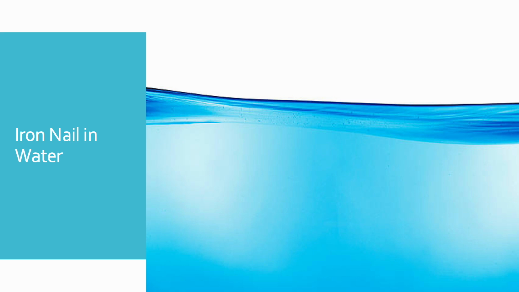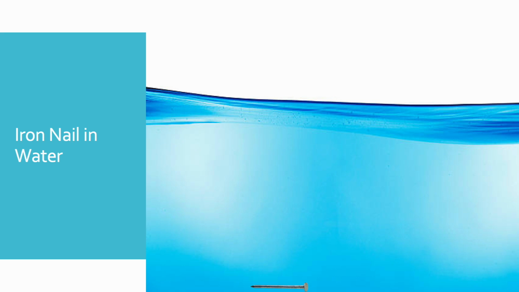Alright, let's begin with something you've probably seen before. Here we have an iron nail dropped into water. What happens? When an iron nail is dropped into water, it would sink. Let's ask why. The key idea here is density. The density of iron nail is much greater than the density of water.